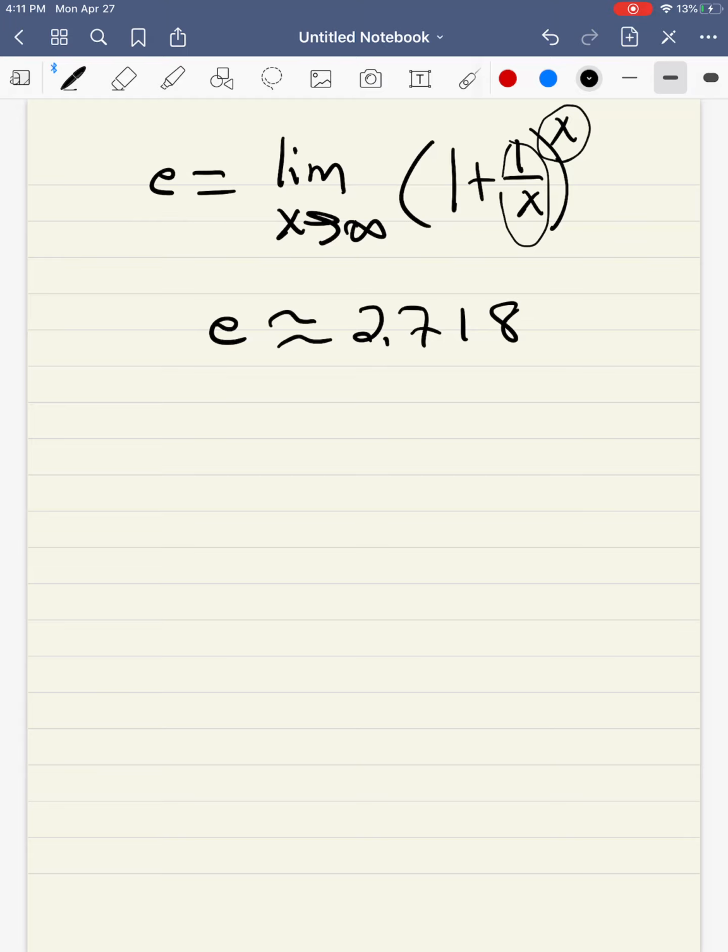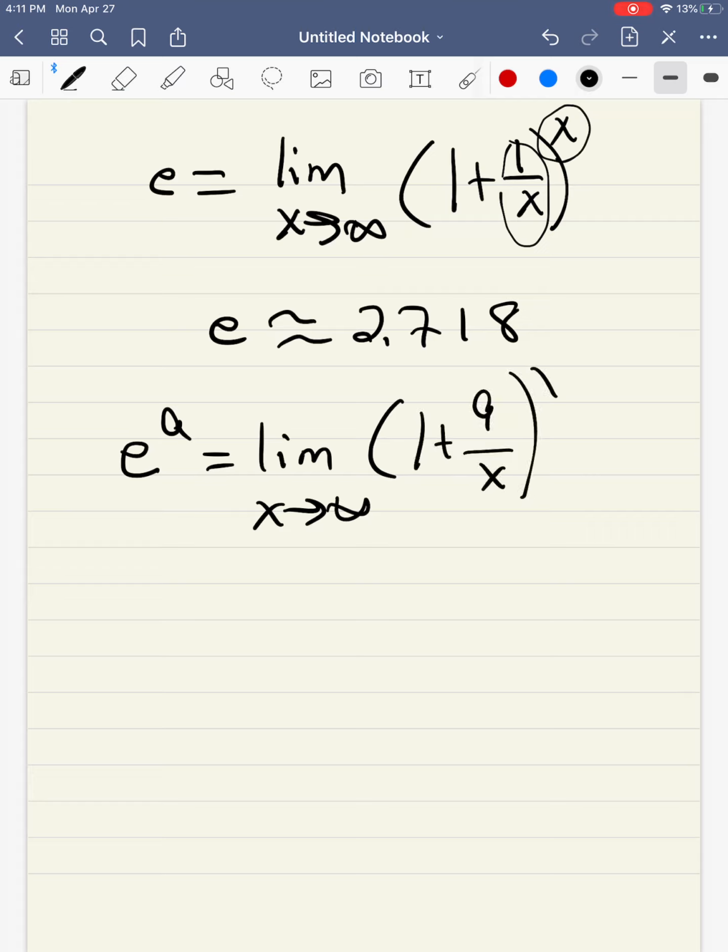Okay, so right above 102.1, there's another little, not trivial fact, but a little fact that we should be aware of. e raised to the a power is the same as the limit as x approaches infinity of 1 plus a over x raised to the x power, which is the same as, let me go to the next line, I'm not going to have enough room, the limit as x approaches infinity of 1 plus 1 over x raised to the ax power.